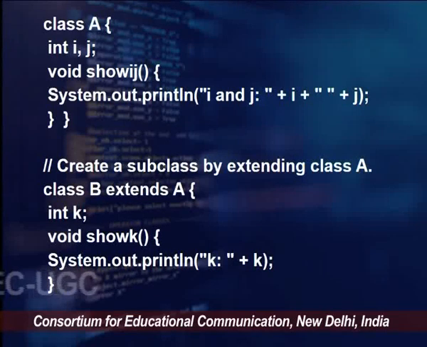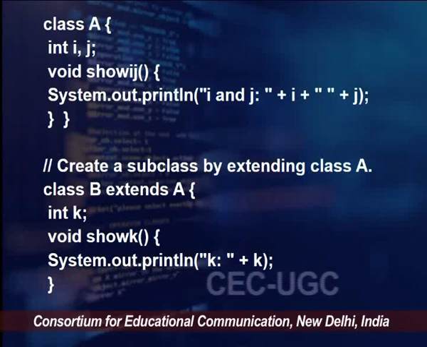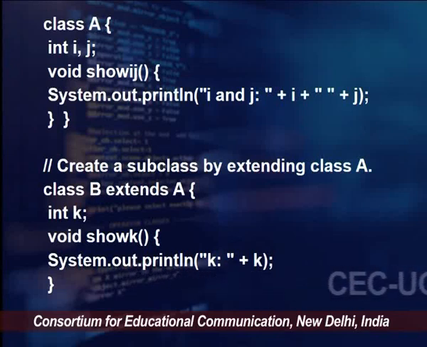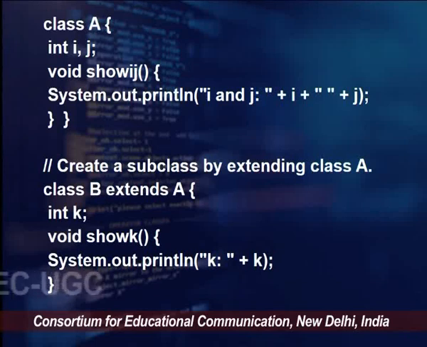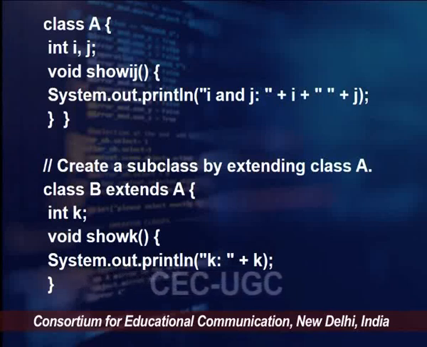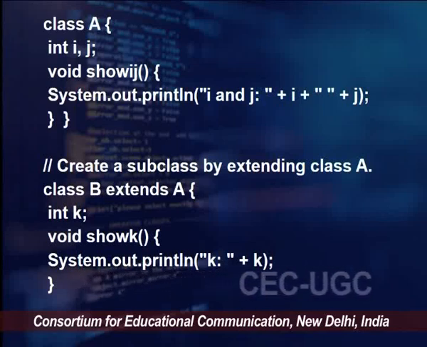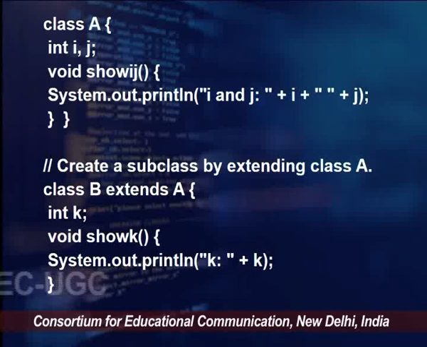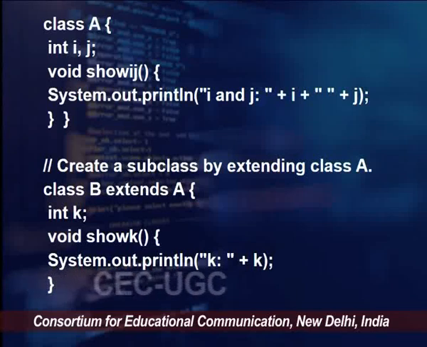a full-fledged program. So here we have a class A in which there are two members, two instance variables, one is i, another one is j, and there we have one instance method which is void show ij, and this is actually doing nothing but System.out.println of i and j, and it is also printing the value of i and j both.